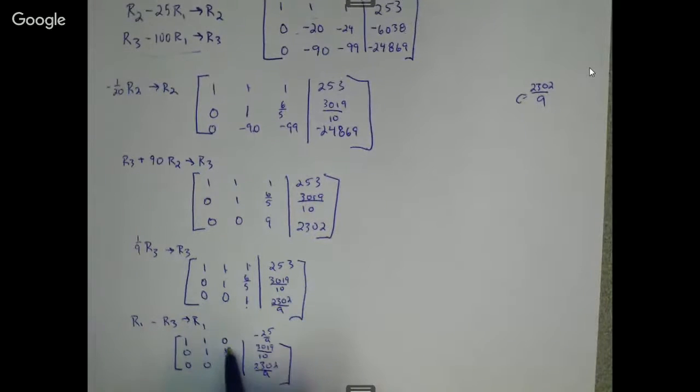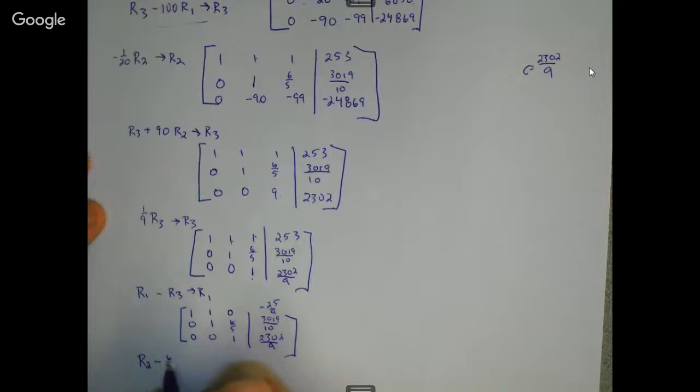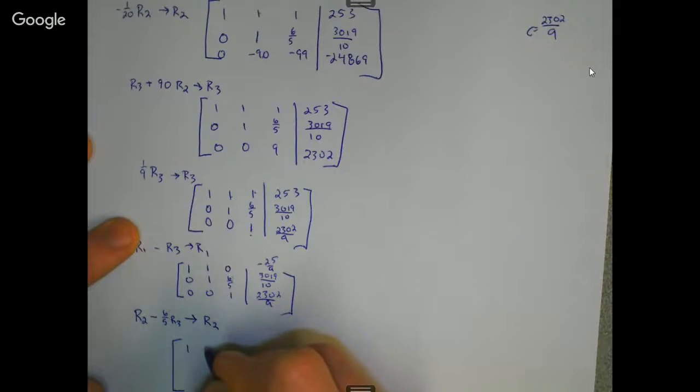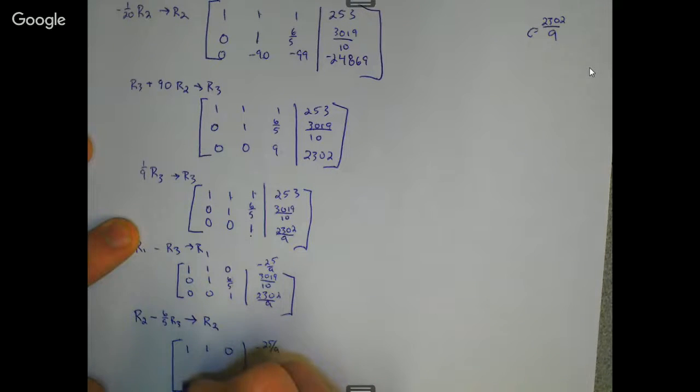Okay. Now this row 2 needs to change, and it'll be row 2 minus 6/5 row 3. Kind of weird with fractions, but definitely doable. Okay. So row 1 stays the same. Row 3 stays the same.